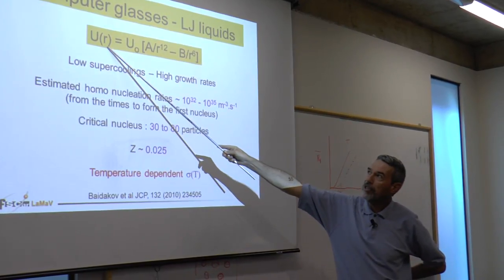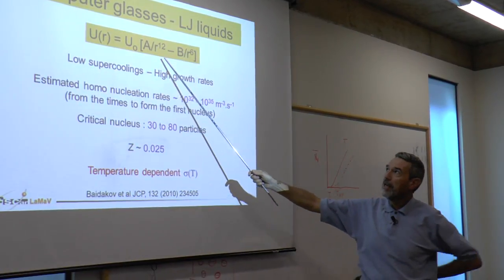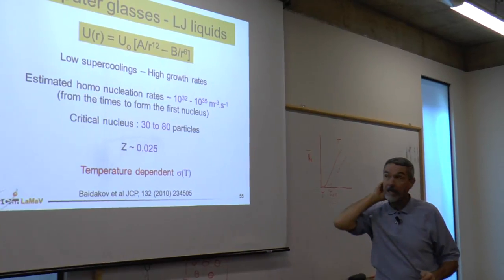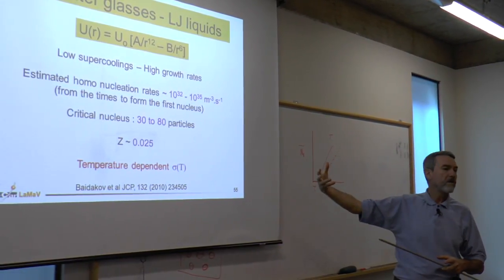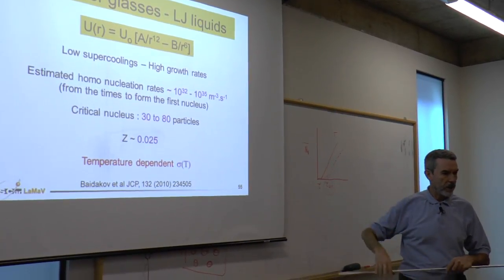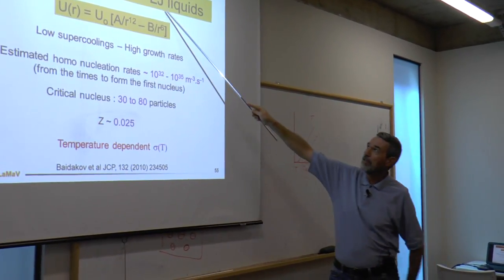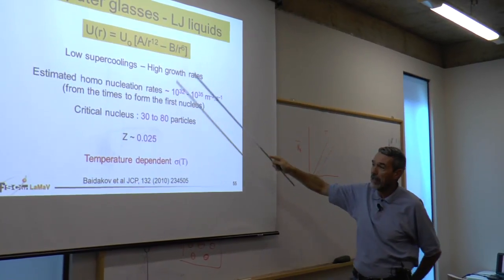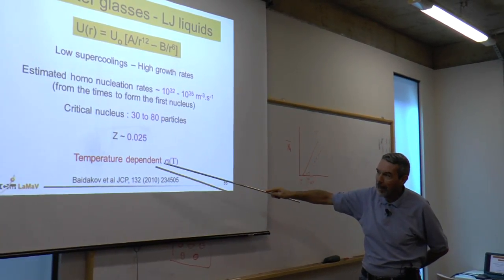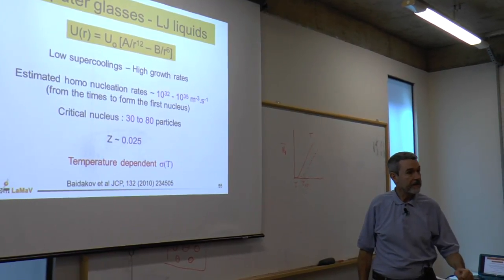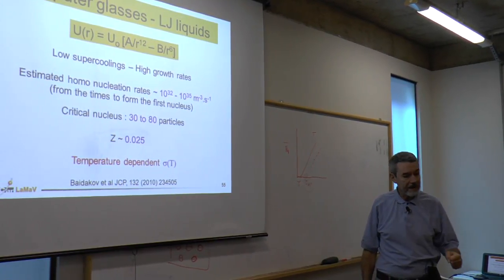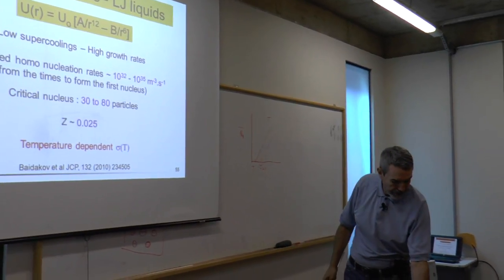The potential energy as a function of distance is just an attractive and a repulsive term, very simple Lennard-Jones. This is the Lennard-Jones liquid. The sigma is temperature dependent. This is important. So let's now test the idea that sigma is temperature dependent.